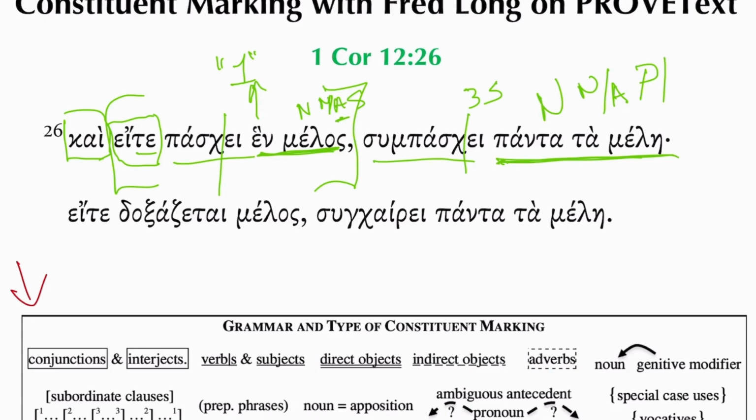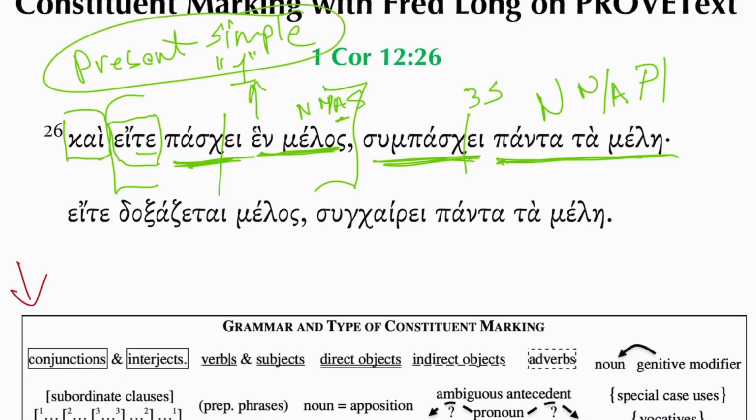So what kind of condition is this? Well, you have a present indicative, paschei, with an ei, followed by a present indicative, sumpaschei. Well, this is simply what's called a present simple condition. This is the default condition for the present tense. It's rather concrete. I think it's interesting that the present simple construction is used, as opposed to the present general condition, which would be ean with the subjunctive followed by the present indicative.